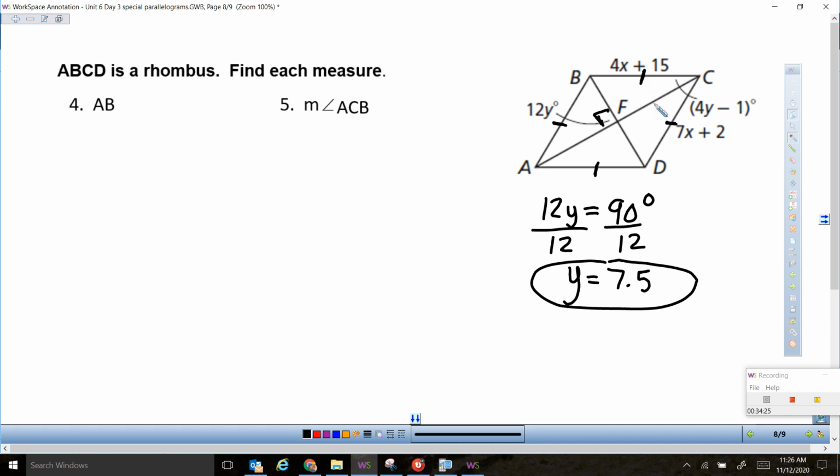So if the top and right side are congruent, I'm going to set these equal. So 4x plus 15 equals, the right side is 7x plus 2. X is on both sides. Should I move the 4x or the 7x? 4x.